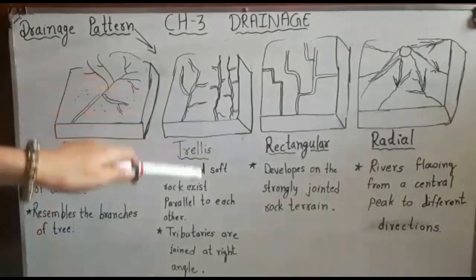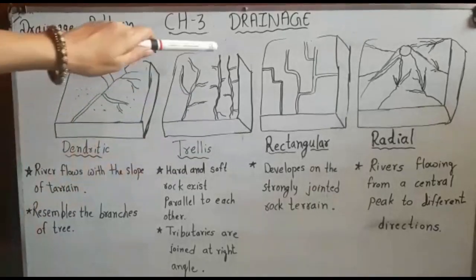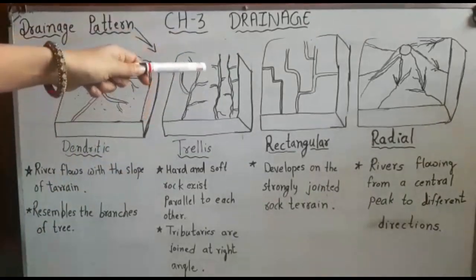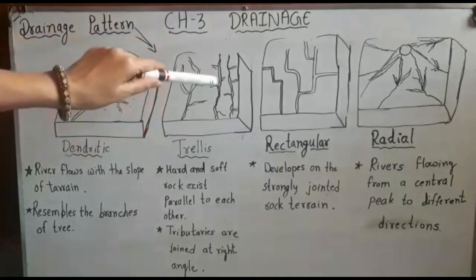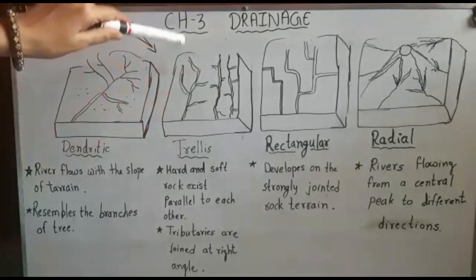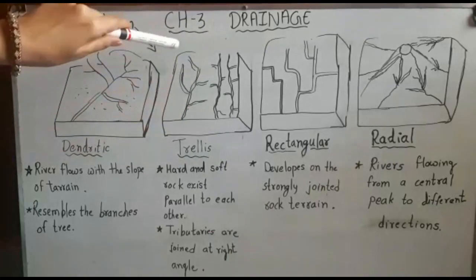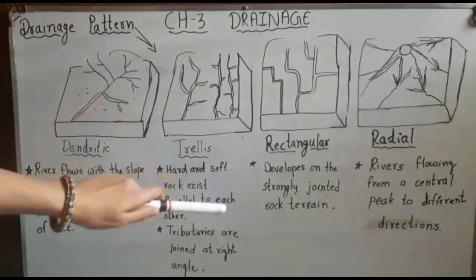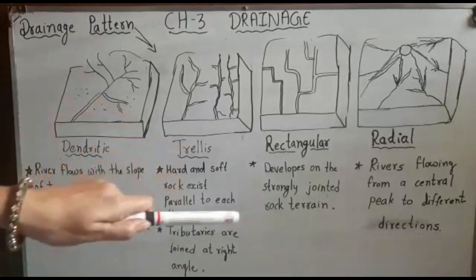Next is the rectangular pattern. Here you can see this is a plain surface, and the river flows in a particular direction and turns after meeting soft or hard rock. So it develops on strongly jointed rock terrain.